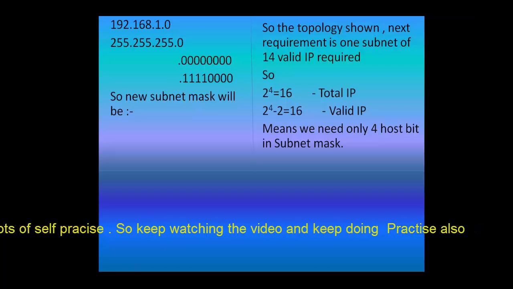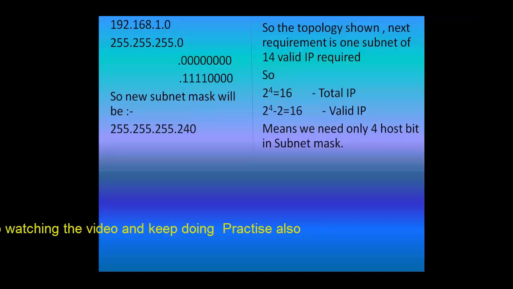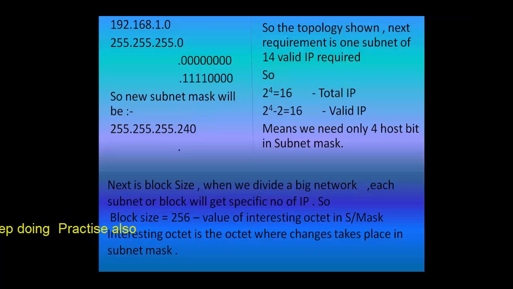So the new subnet mask is 240. Same as before, we calculate the block size: block size of 16.